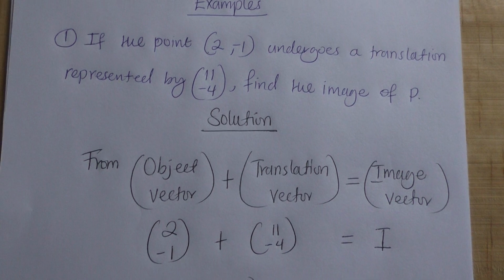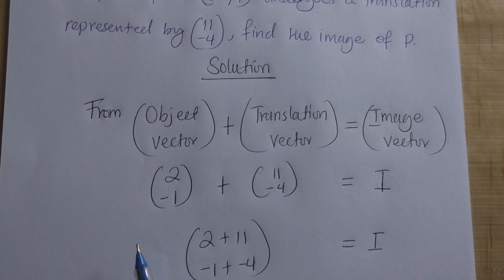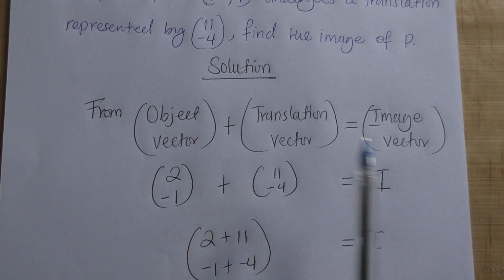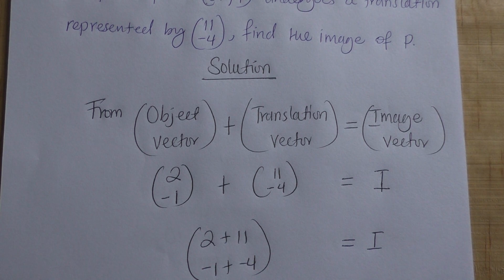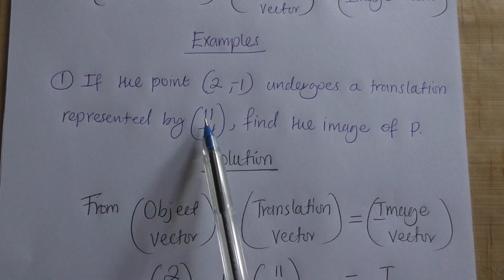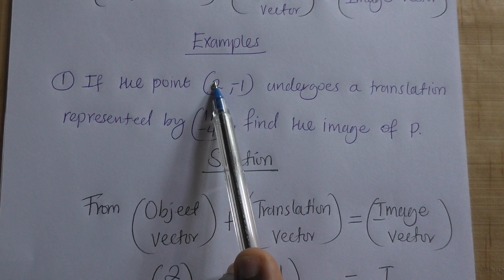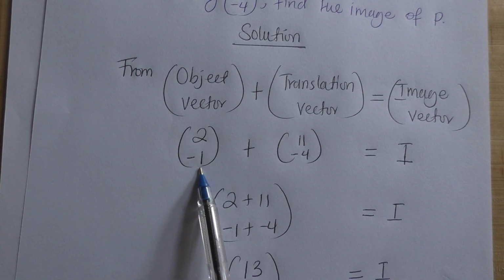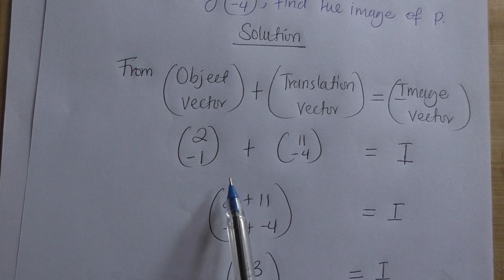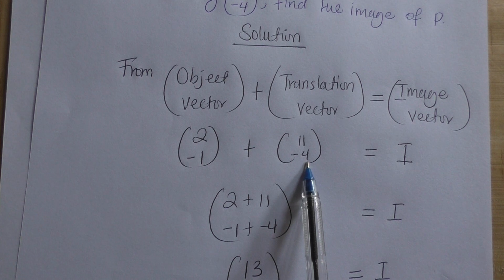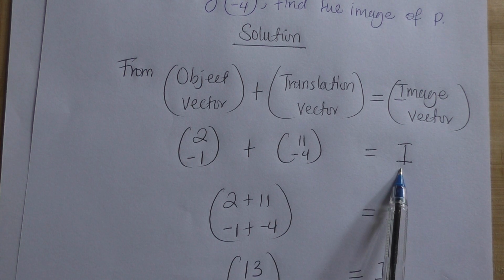So we've seen that for a translation, the object vector plus the translation vector gives us the image vector, and therefore the object vector, since we are given the coordinates of the object, we get a vector from the coordinate, which is 2, -1, plus the translation vector, which is 11, -4, which will give us the image vector.